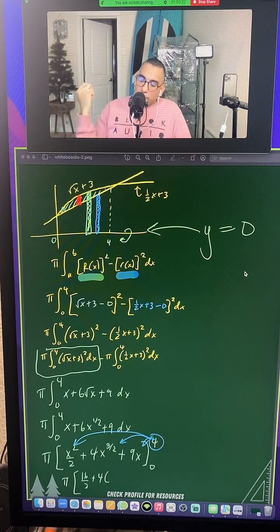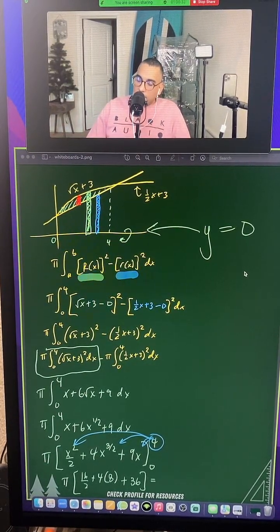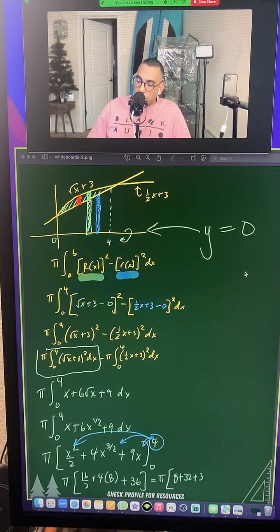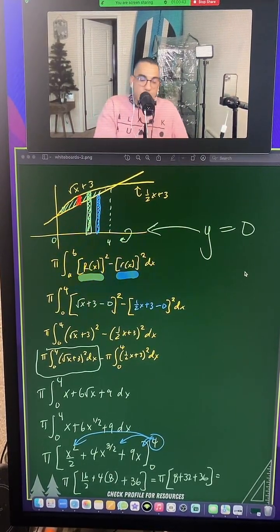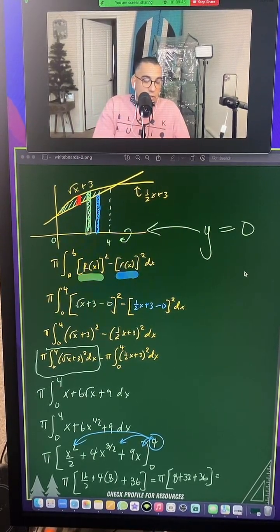When I plugged in the 4, for that second one, it becomes the square root of 4, which is 2, cube it, that's 8. So we have 4 times 8 plus 36. Okay, let's simplify this. So I have pi times 16 over 2, which is 8, plus 32 plus 36. Okay, let's combine that. I feel like I can add these things, but I'm just going to make sure. Okay, that's 76 pi.